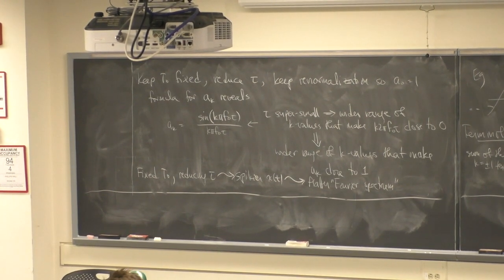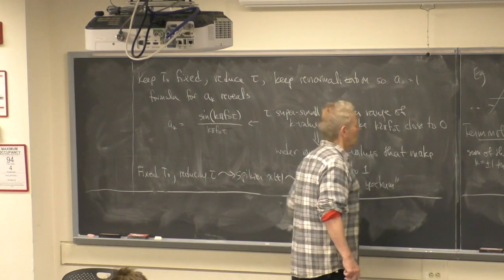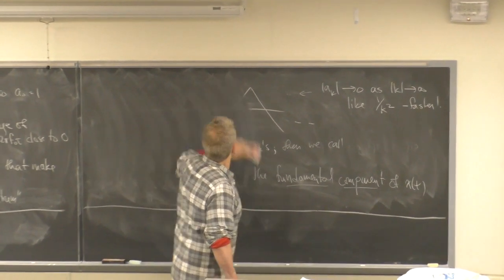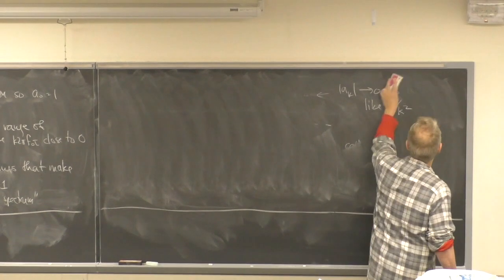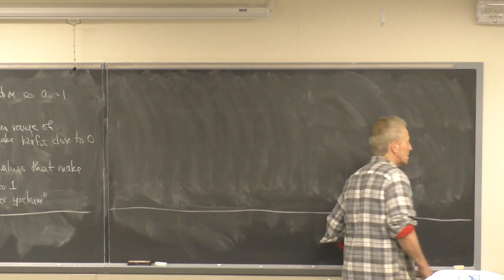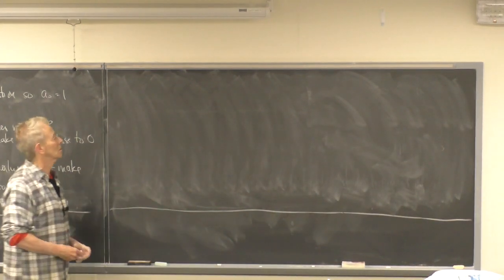All right, now I want to talk briefly about what level of reasonableness we need to require of x of t to enable this whole Fourier theory to go through, and how that guarantees that the series converges, and in what sense the series converges.